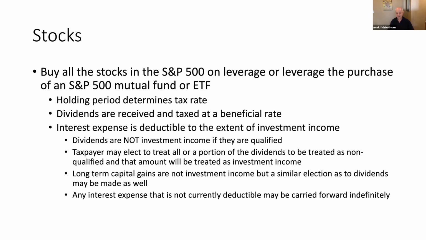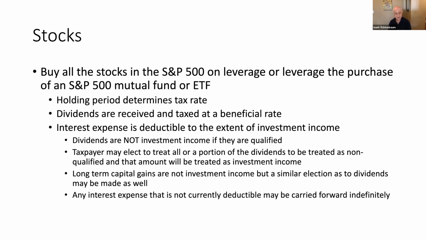And by using the techniques that we learned in the wash sale section, you could replace those stocks and not disallow the loss and never get out of them economically. So there's a lot of tax planning that can be done, tax considerations to be taken into account when you buy all the stocks. And again, if you don't want to make these elections and you have excess interest expense, you could just carry forward the interest expense and it goes on forever.